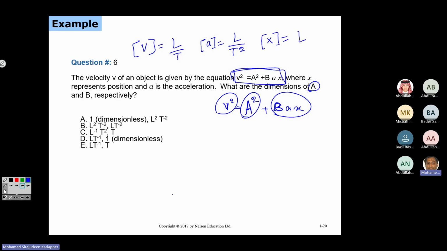So you must know this bit to answer this question. Okay, I'm giving it to you. Now I'll take the first term here, v squared. It has the dimension of length divided by time for velocity, but as it is squared, it will be length squared divided by time squared.